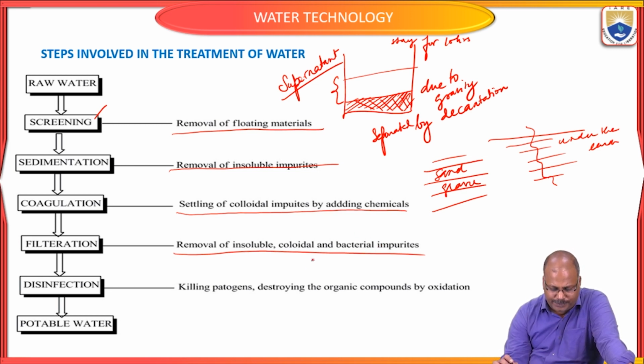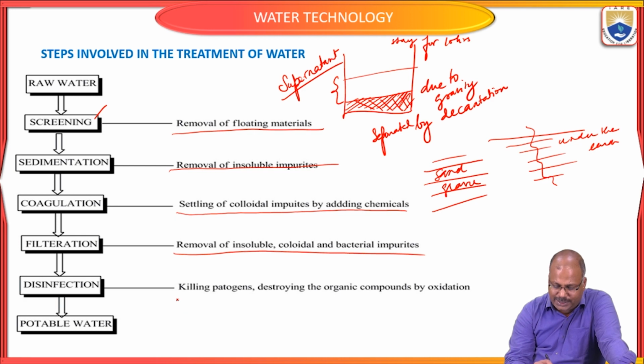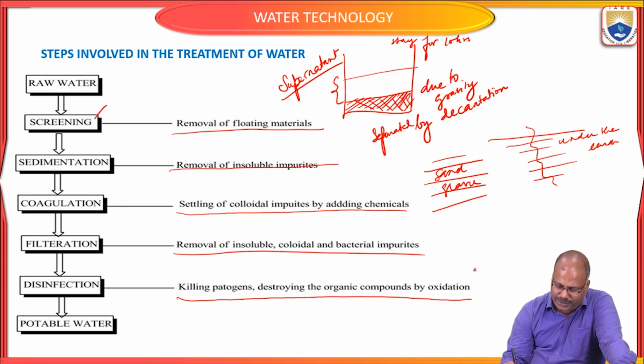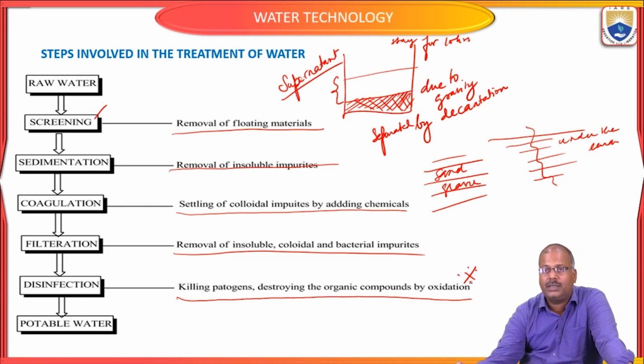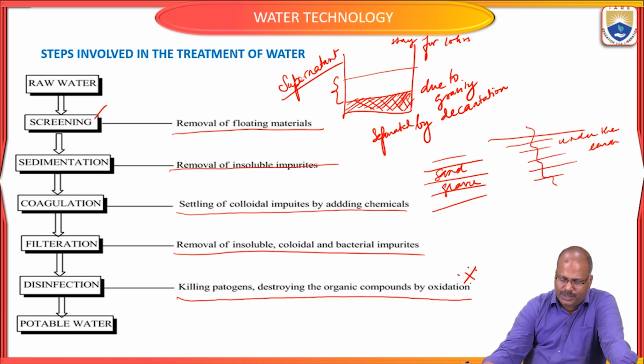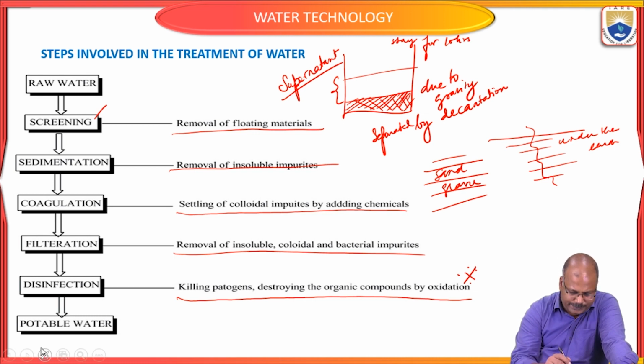Then after this, it's killing pathogens and destroying the organic compounds by oxidation. This is a very, very important step before the water can be used safely for drinking and cooking. We will see all these steps one by one in a little more detail.